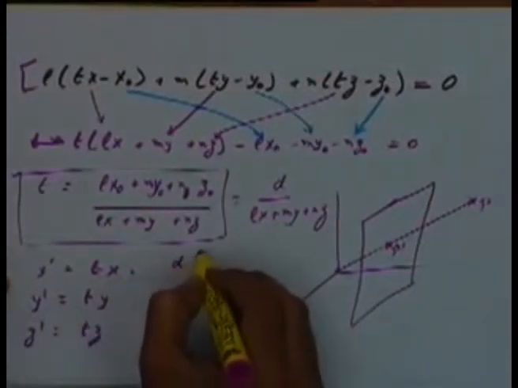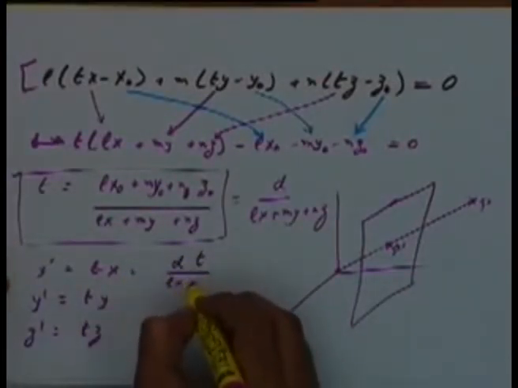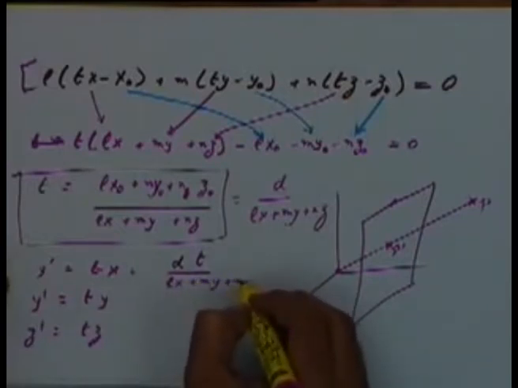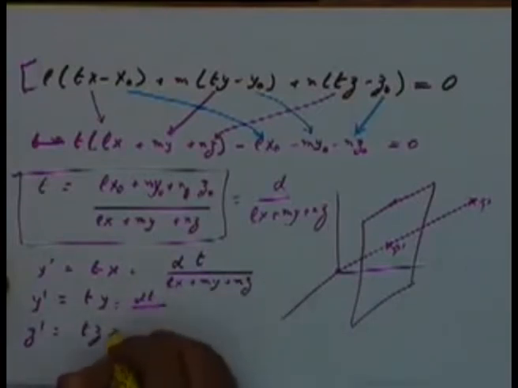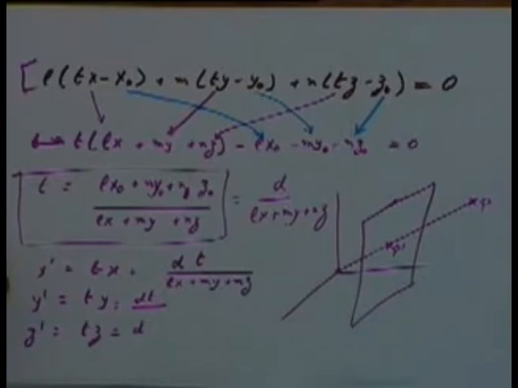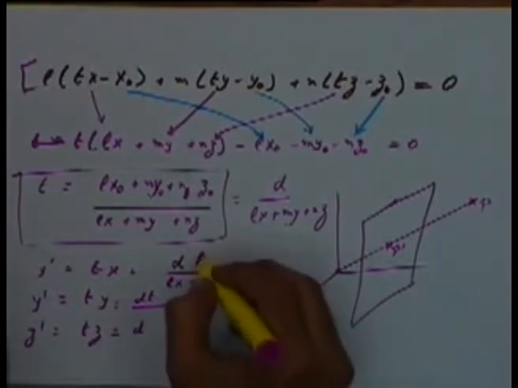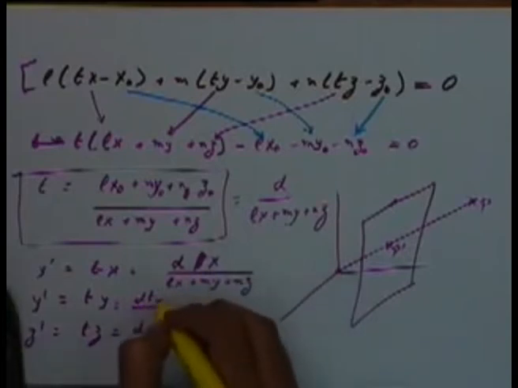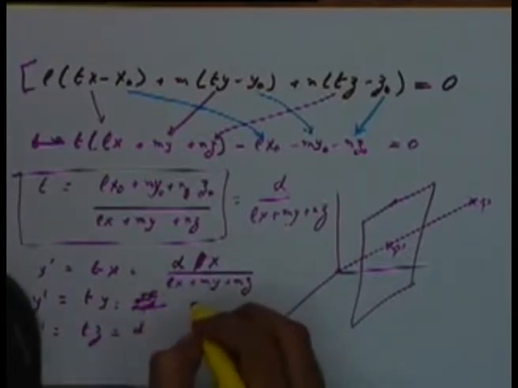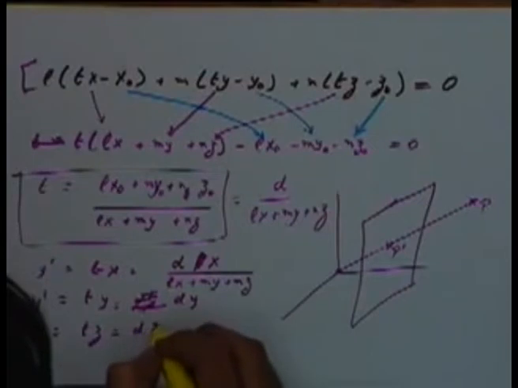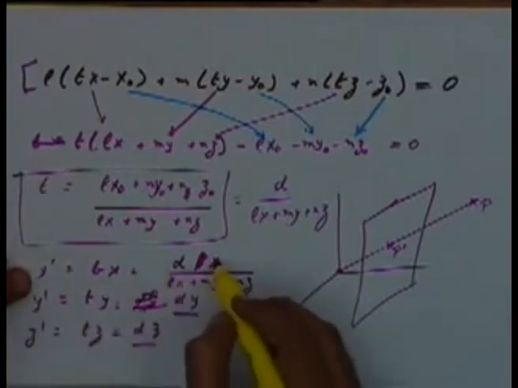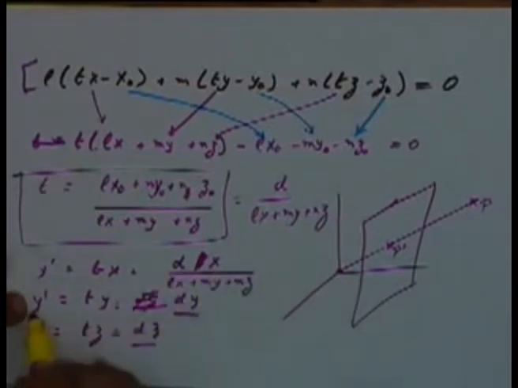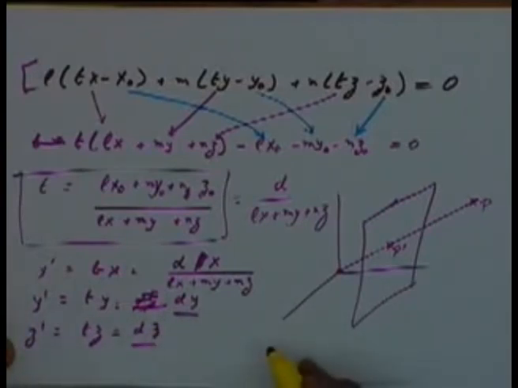This is equal to d times t divided by Lx plus My plus Nz. So x prime is equal to d times x divided by this term, y prime is equal to d times y divided by this term, and z prime is equal to d times z divided by this term.